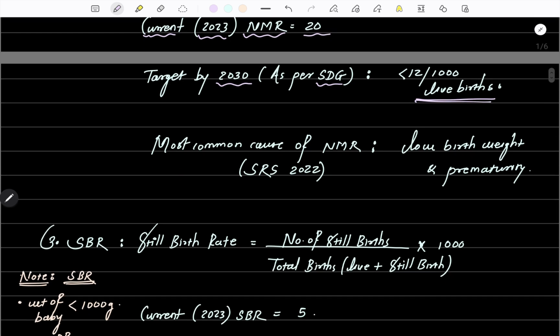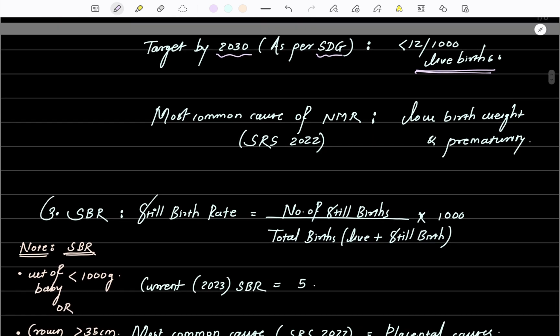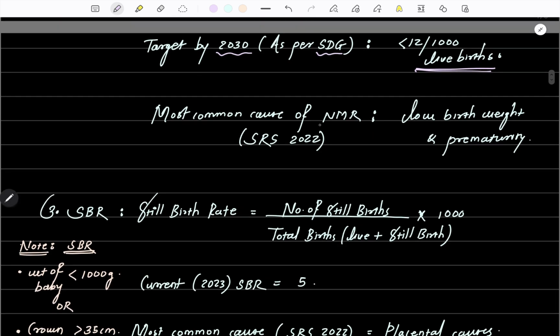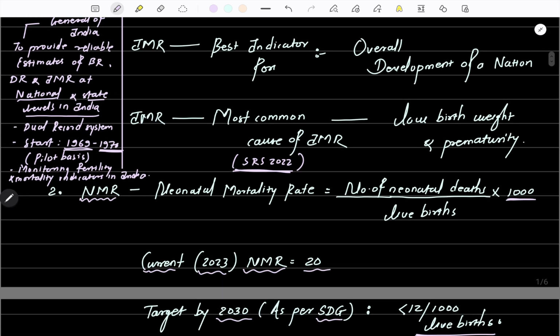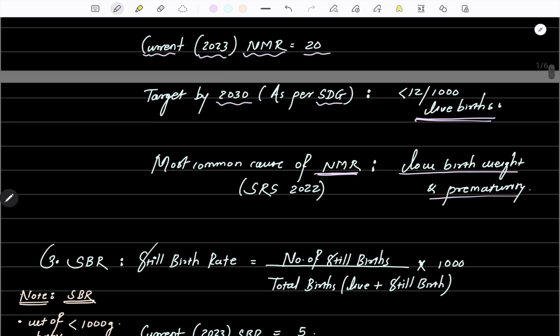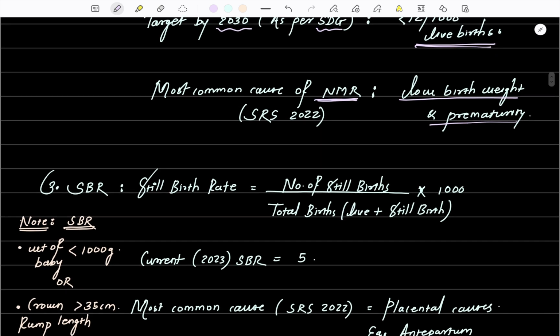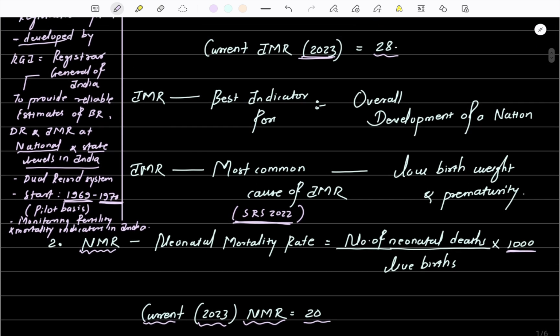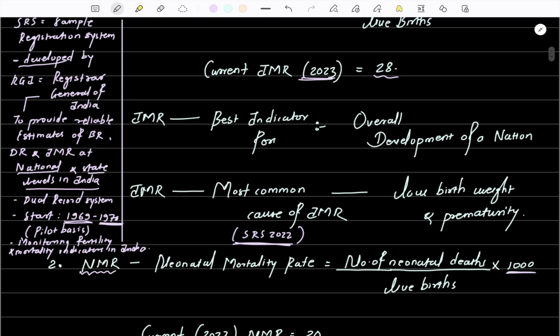This is the target; you have to remember this, it's very important. The most common cause of neonatal mortality is low birth weight and prematurity, the same as infant mortality. The cause is again given by the Sample Registration System.